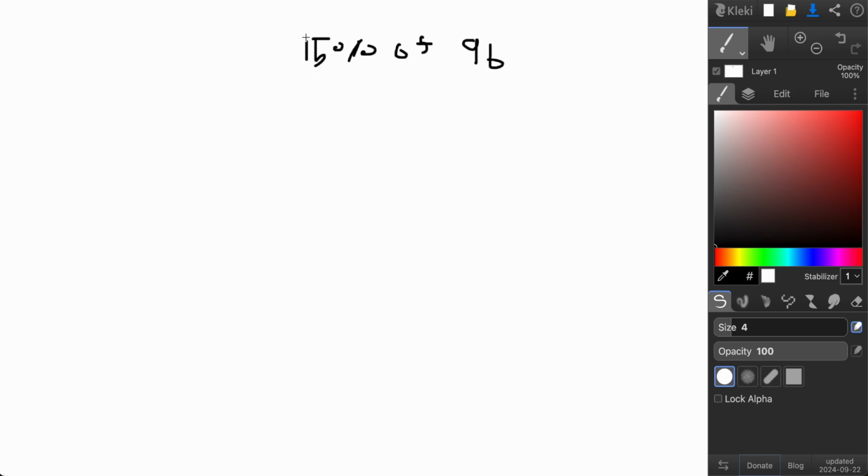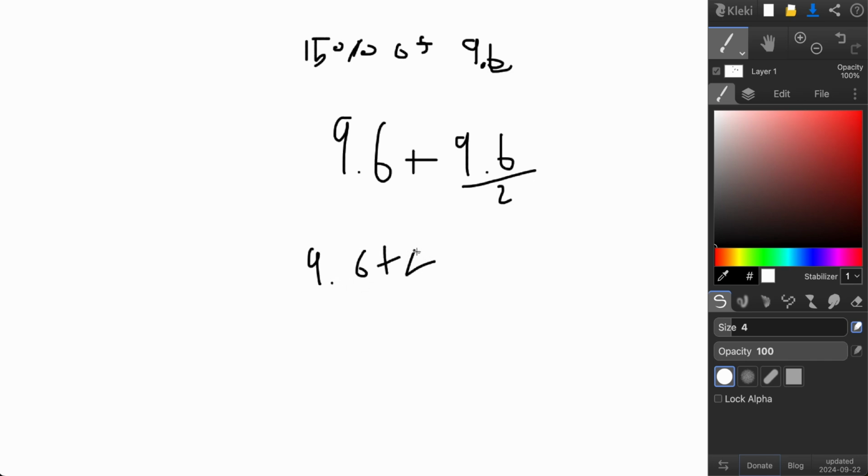Now, first thing is we want to find out what 10% is. So that's just going to be moving the decimal point 1 over. So it'll be 9.6. And now you want to add 9.6 over 2, because you want to add 5%. 9.6 over 2 is 4.8, so now you just get 9.6 plus 4.8.